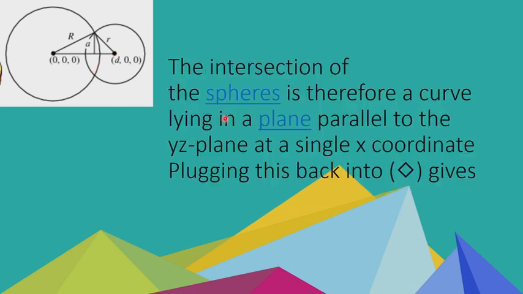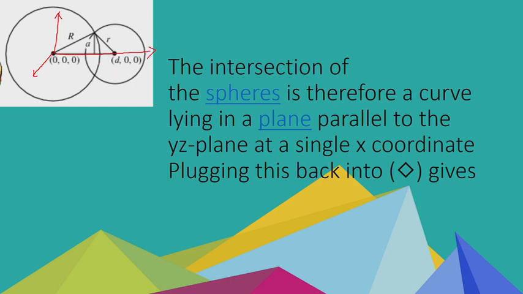The intersection of the spheres is therefore a curve lying in a plane parallel to the YZ plane at a single x coordinate. So here if we draw a line, actually it's a plane. This is the y axis, this is the z axis, and this is the x axis.